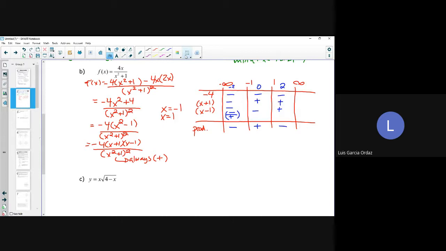So based off my sign chart and the factored derivative, therefore my f of x increases from negative 1 to 1, and f of x decreases from negative infinity to negative 1 in union with 1 to infinity.